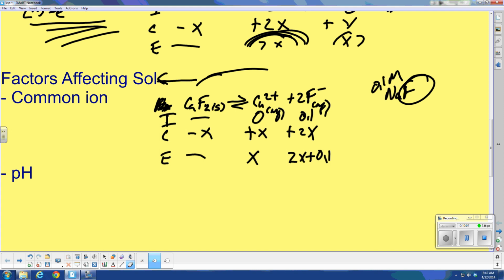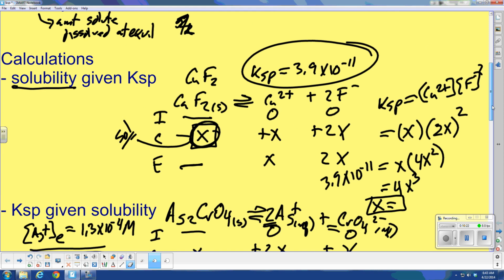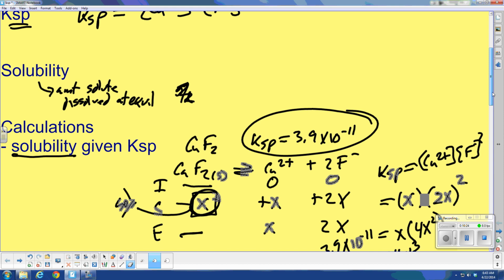And now let's write my expression for my KSP. My KSP is equal to the concentration of my calcium times the concentration of my fluoride squared. KSP, what was my KSP up here? About 3.9 times 10 to the minus 11th.